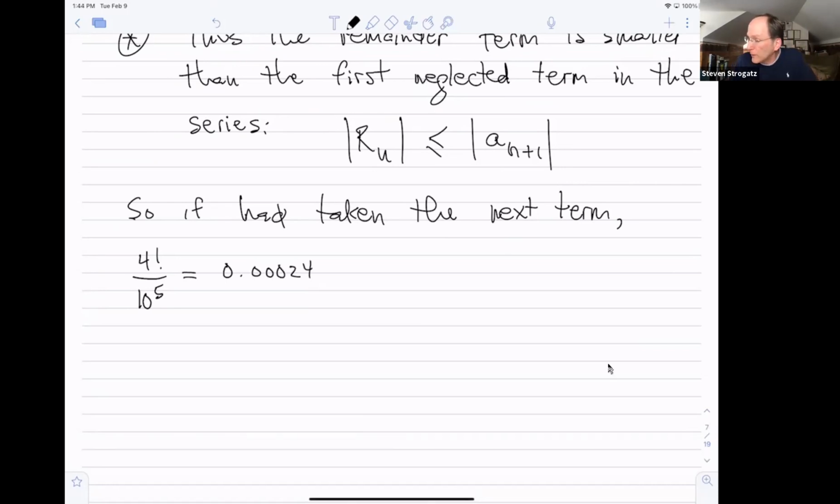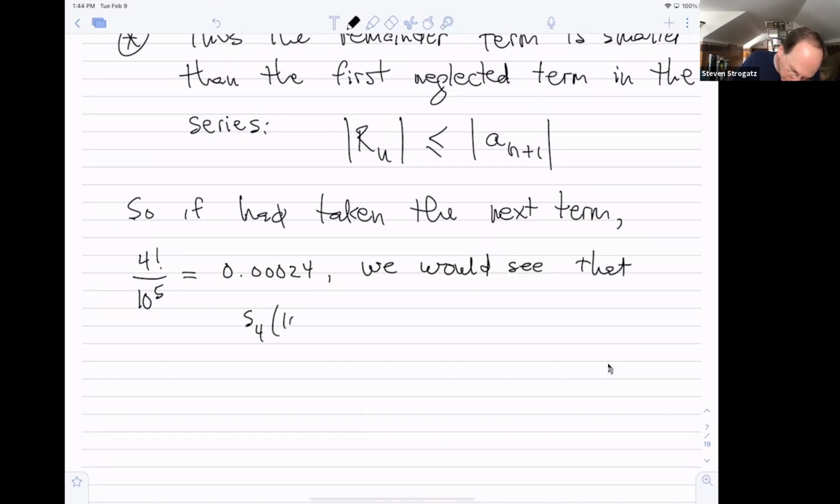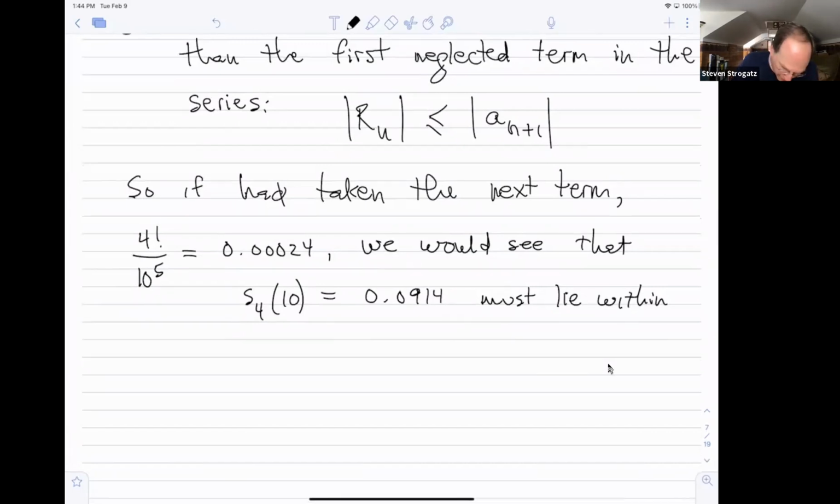If we had taken the next term, we would have been able to conclude, or we would see, that in terms of our notation with partial sum, the partial sum S4 of 10, which is 0.0914, that's as far as we went, that must lie within a distance of 2.4 times 10 to the minus 4 of the true answer.